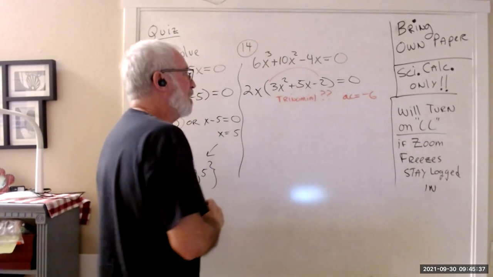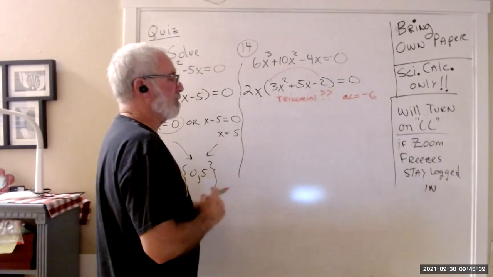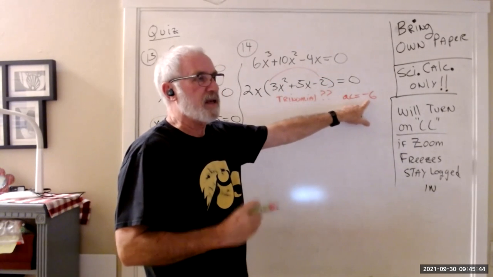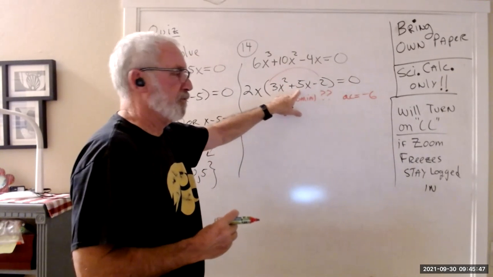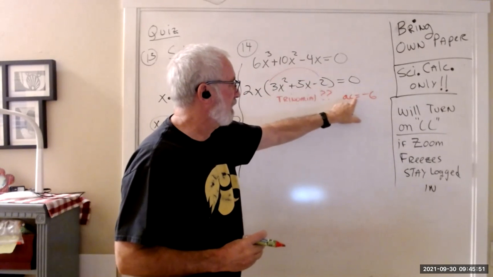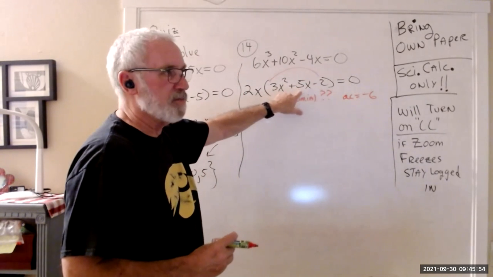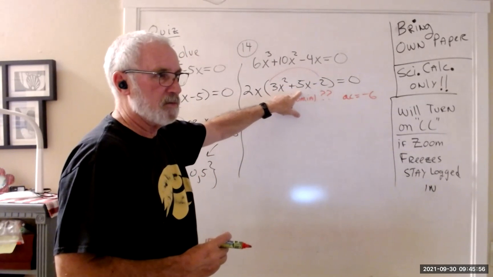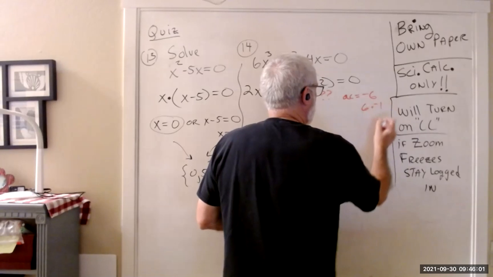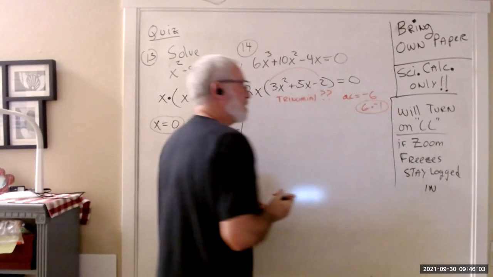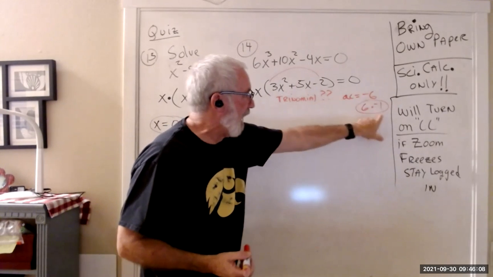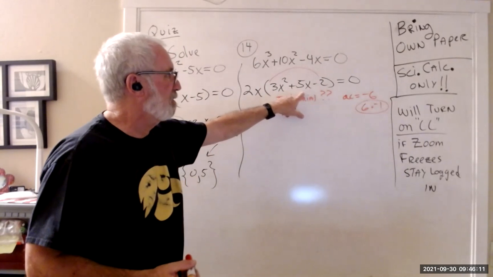So what times what multiplies to make -6 and adds to make +5? That's the game. Multiplies to make -6 and adds to make the +5 in the middle. Well, I get 6 times -1. Multiplying is -6, adding is +5.